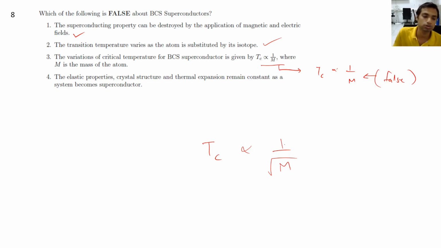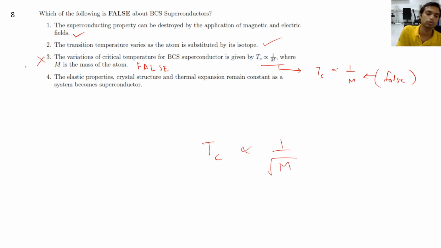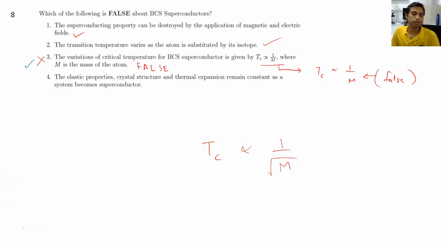This square root is important, so this statement is wrong, which means that this is your answer. The elastic properties, crystal structure and thermal expansion remain constant as the system becomes a superconductor. So this is true. Only the electronic properties, the electronic transport properties, will change. So this is true.